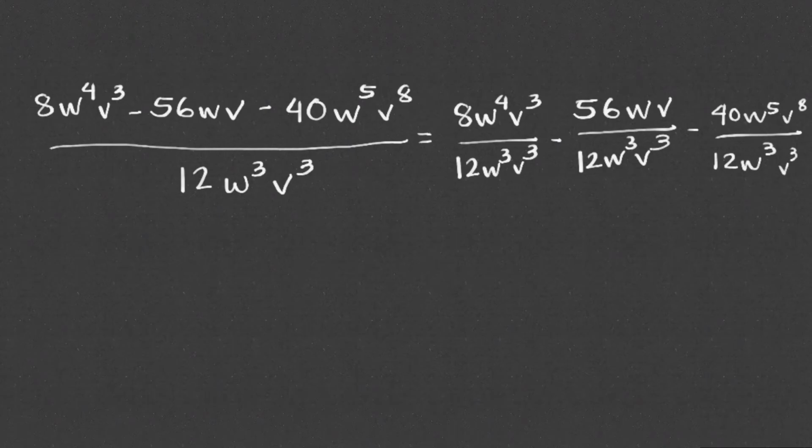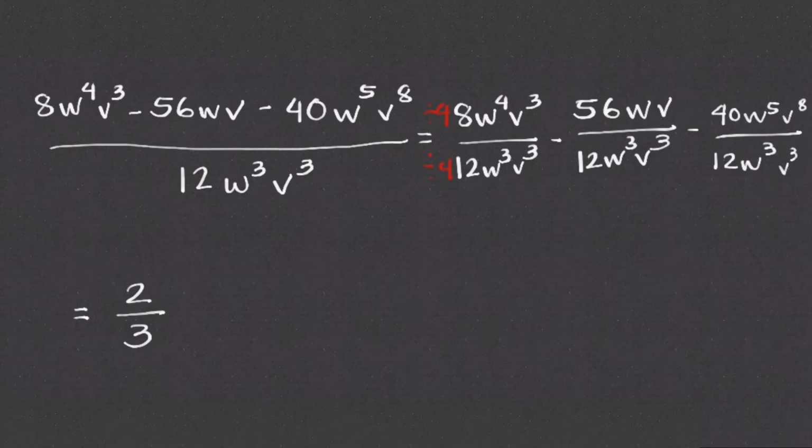So 8 divided by 12 is also equal to 2/3 when you divide both sides by 4. So 8 divided by 4 is 2 and 12 divided by 4 is 3. That's why 2/3.